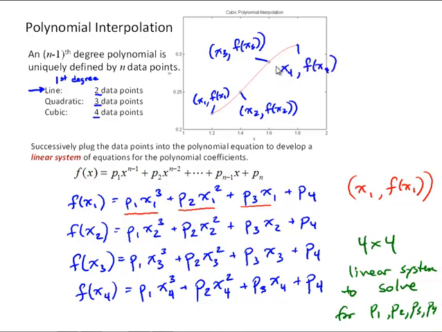So we've used those 4 points to find the equation of the cubic that passes through all 4 points, and now we can use that cubic to calculate an intermediate value here or an intermediate value there, anywhere within the range of our polynomial.